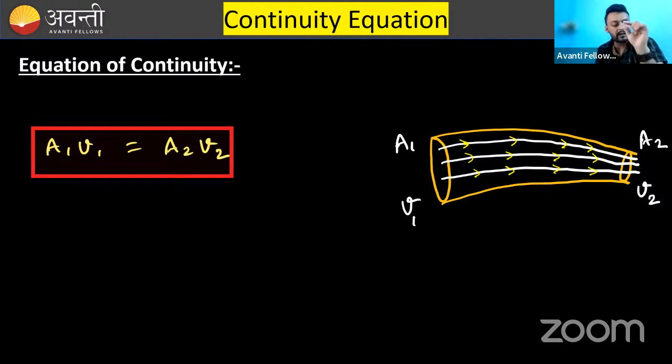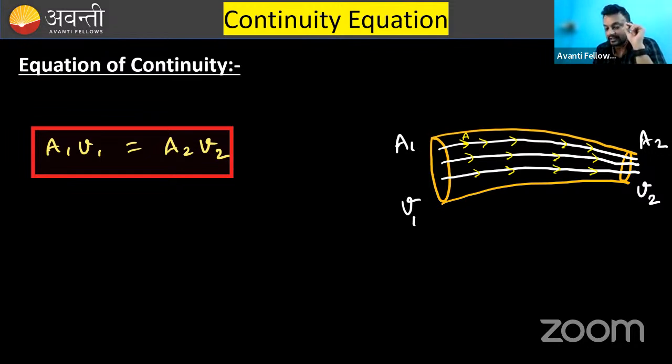Let's suppose this is a point A. If a particle passing from point A is going in this direction, then all other particles passing from point A will follow the same path. This kind of flow is known as streamline flow, in which each particle follows the path of its previous particle and moves in a particular direction.